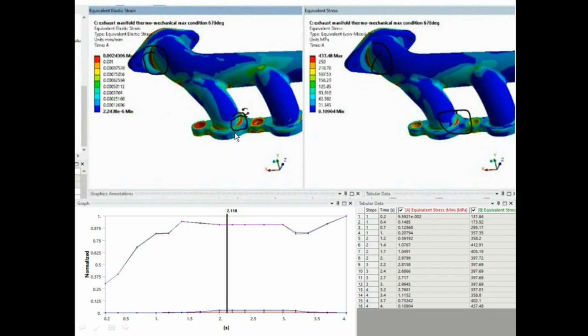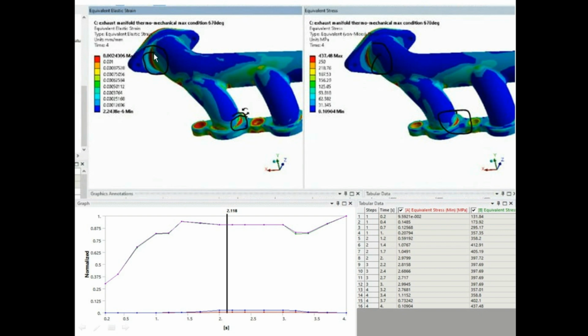This is the plot on which we are going to do the simulation in the next project. Now you can see in the exhaust manifold, this is the elastic strain plot, and that's your equivalent stress plot. Both stress and strain on this manifold we have plotted in the graph. Now you will observe that both graphs are completely matching each other. See this, all these points similarly, right? Even the locations, see this location, this and this.